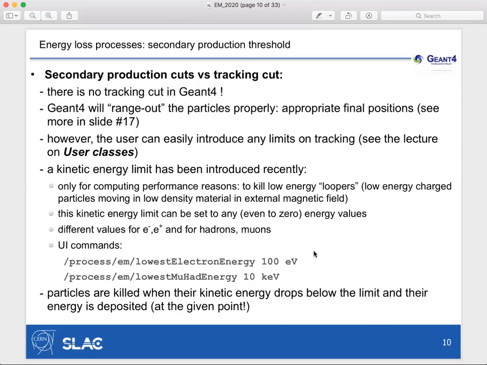It's purely a performance and runtime reason. It was to kill some very low energy charged particles that in a magnetic field would loop practically forever. Okay, but as a user, you can at any time set it to 0 and everything will work fine, even without having any tracking cut.